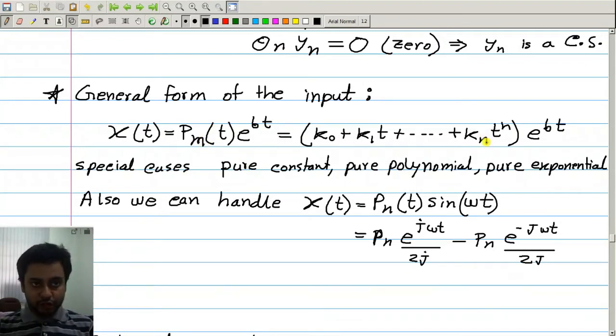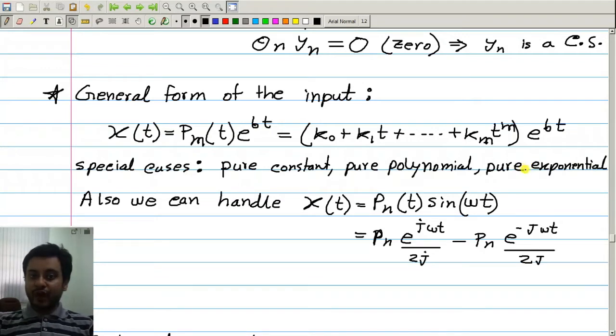Here also it will go up to Km. And this general form includes these special cases of pure constant input or pure polynomial or pure exponential.